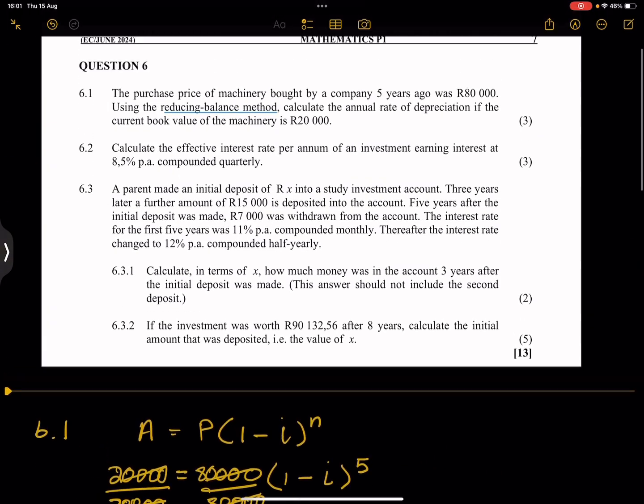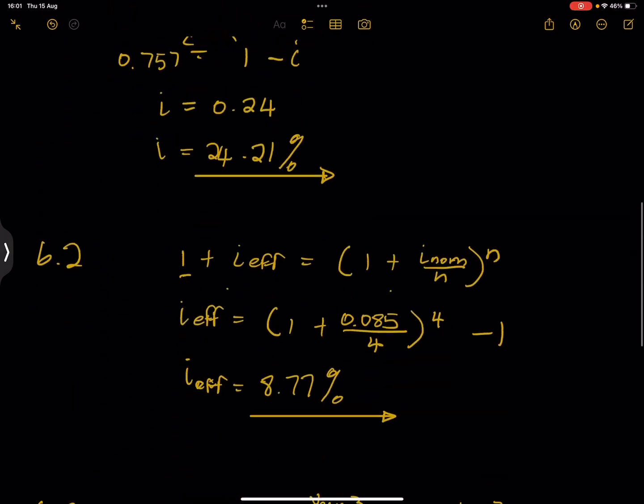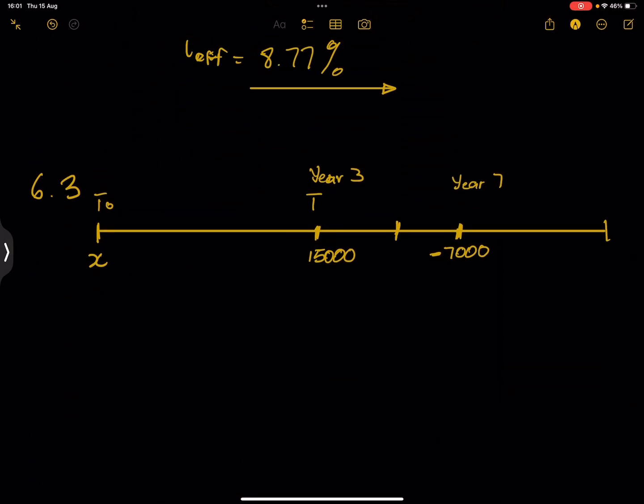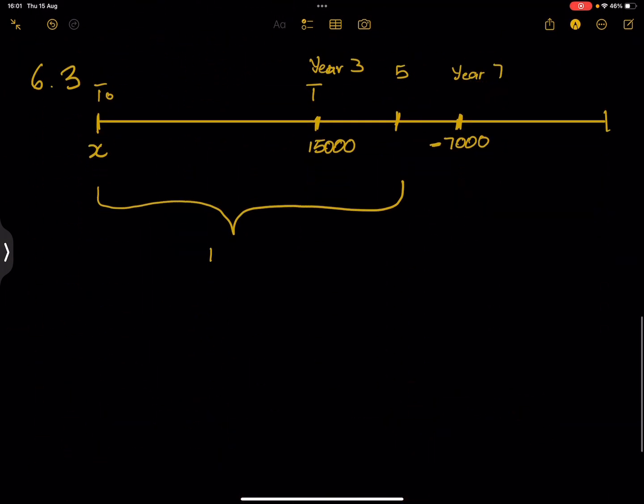And they say the interest rate for the first 5 years was 11% per annum, compounded monthly. So for the first 5 years, let's look at year 5 here. The interest rate would have been 11% per annum, compounded monthly.